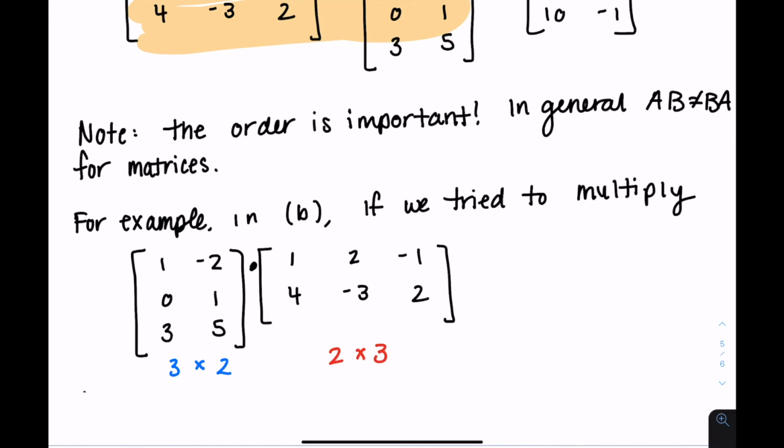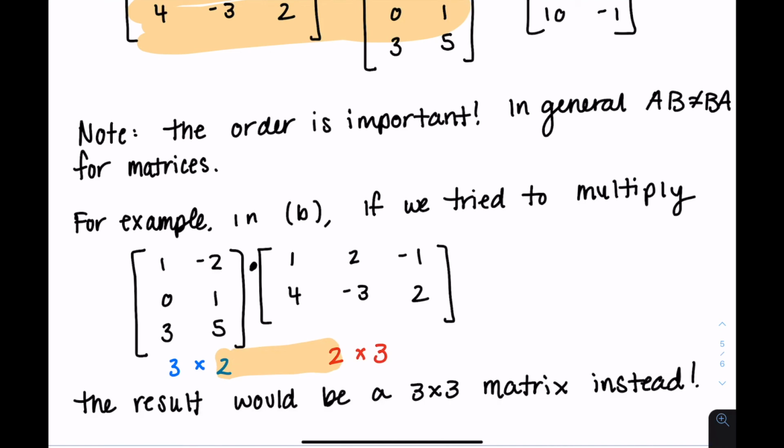So you could multiply them because these match up, but the result would be a 3x3 matrix instead. And you'd repeat the same process. The first element in the first column would be the product of these two, and you keep going through it. But the order is very important. You can't just switch them. So pay close attention when you're going through this.